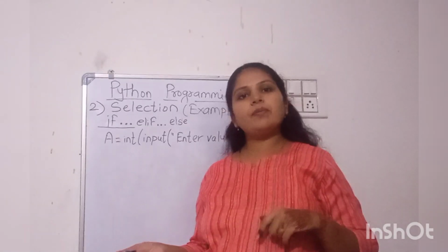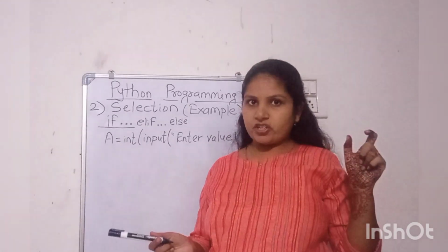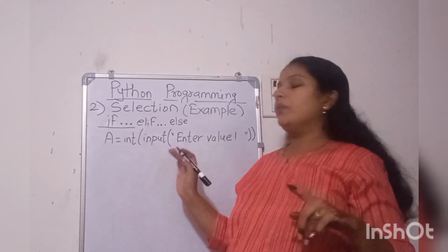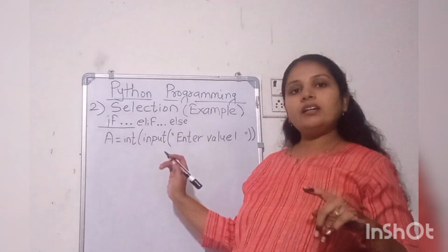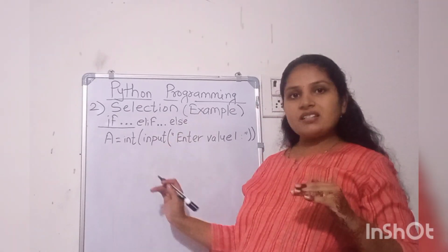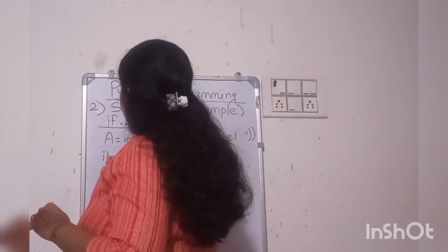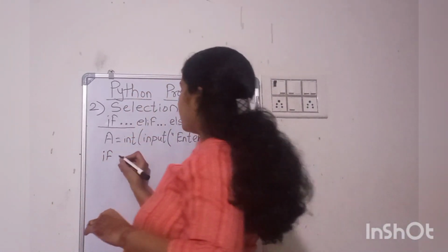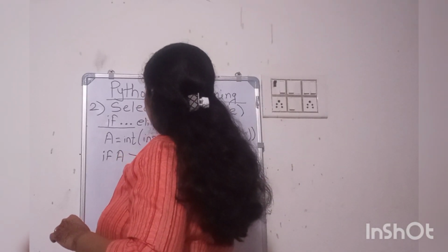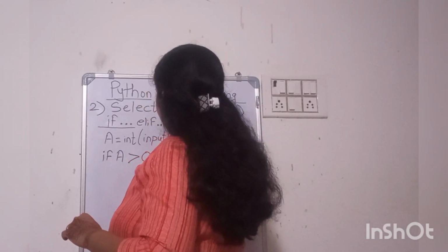In the previous example we combined two conditions in the first if part, but here we are taking all three as separate conditions. So here I am checking the first condition, if a is greater than 0.